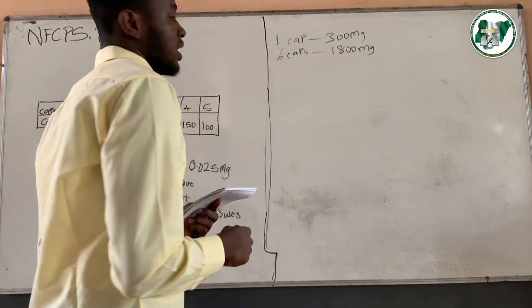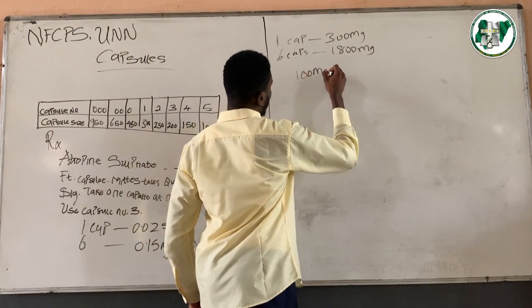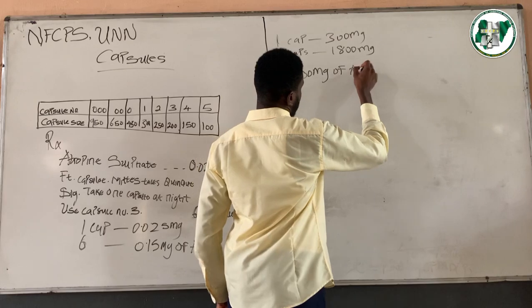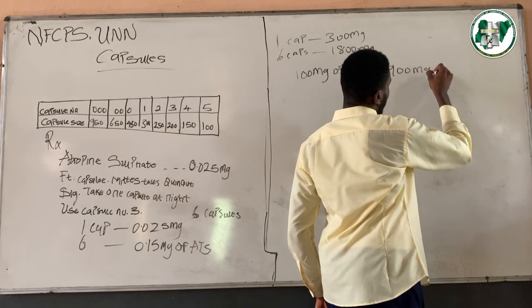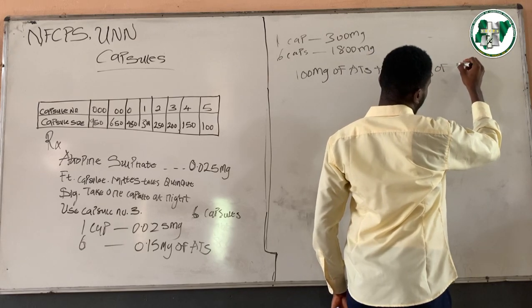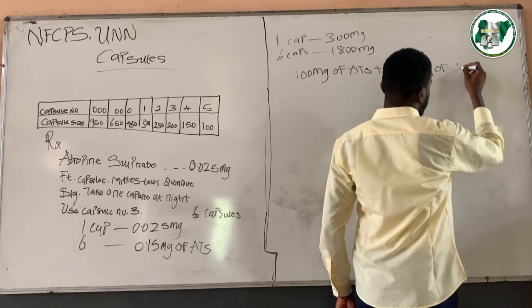We then go on to begin our serial dilution. We'll say 100 milligram of ATS plus 900 milligram of your diluent, which can be lactose or starch.